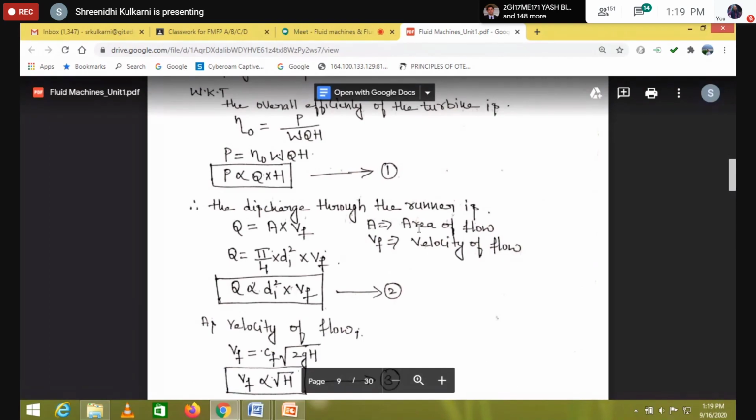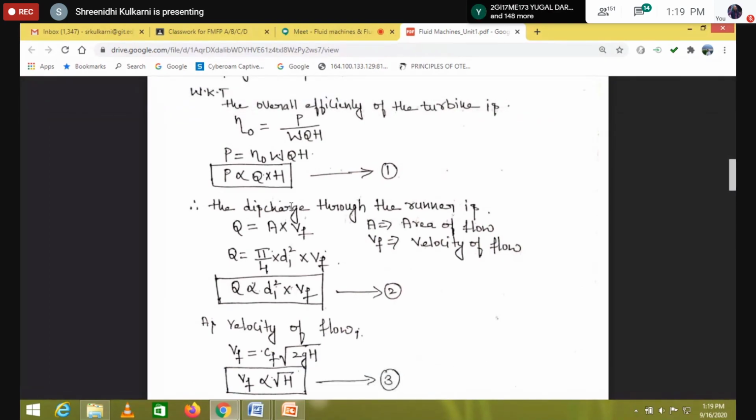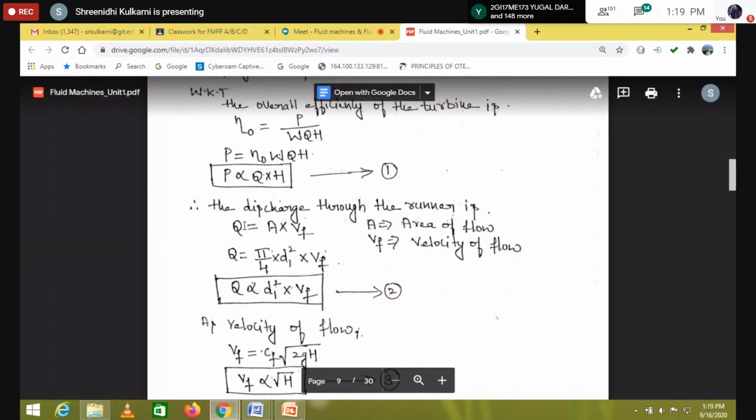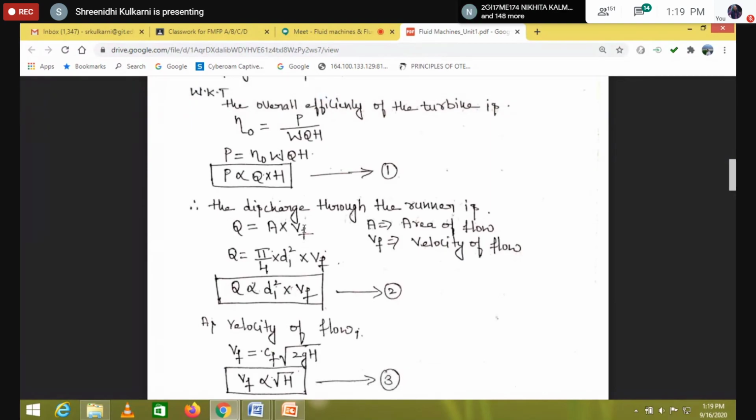Next, I'll consider the discharge through the runner. As we know, the discharge is given by area into velocity, but here I consider Vf, which is the flow velocity. So further I can write it as pi by 4 into d square into flow velocity.